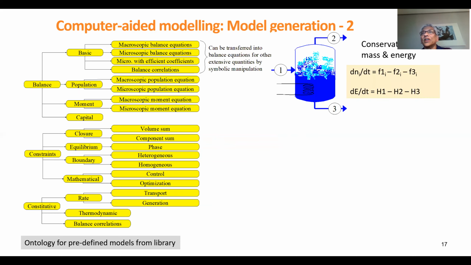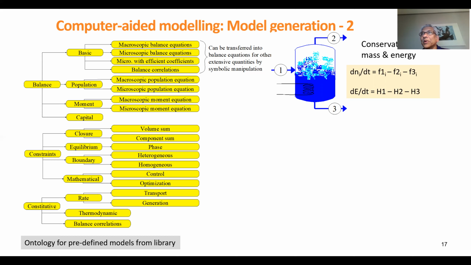If we just ignore the energy added in this, we have a system which we call the shell, and this shell has 3 connections. 1 is input and 2 are output. As soon as we have defined that we have a shell with 3 connections, 1 input and 2 output, we can go to the balance and we can say, from the balance, give us the mass balance equation, give us the energy balance equation.